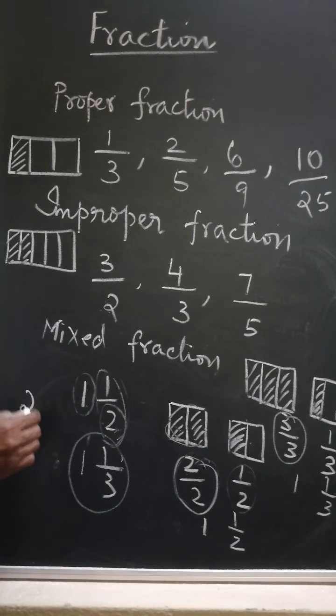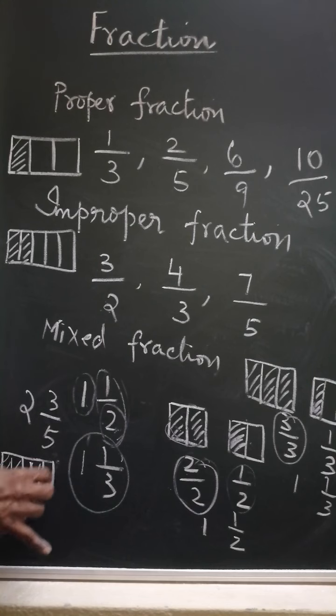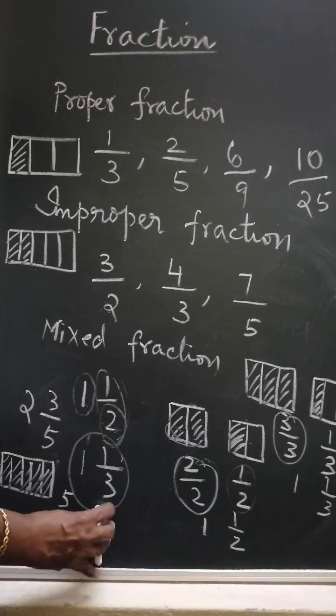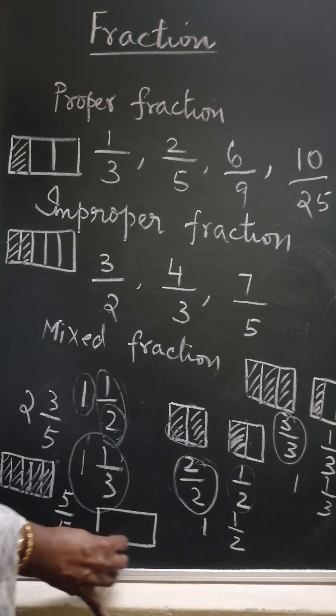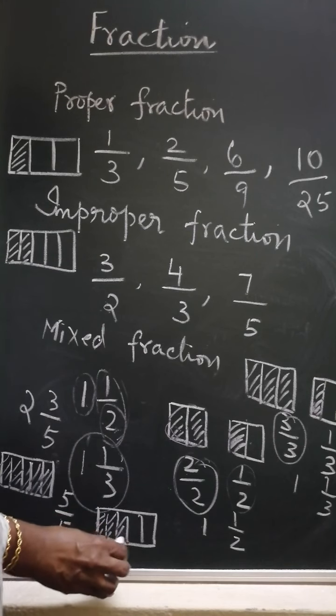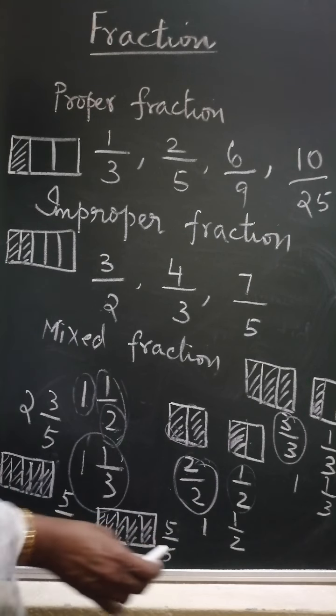Another example, 2 and 3 by 5. There are 2 parts like this. A piece is divided into 5 equal parts. This whole part is taken. Now this is 5 by 5. Then in the same way, another 5 by 5 is taken.